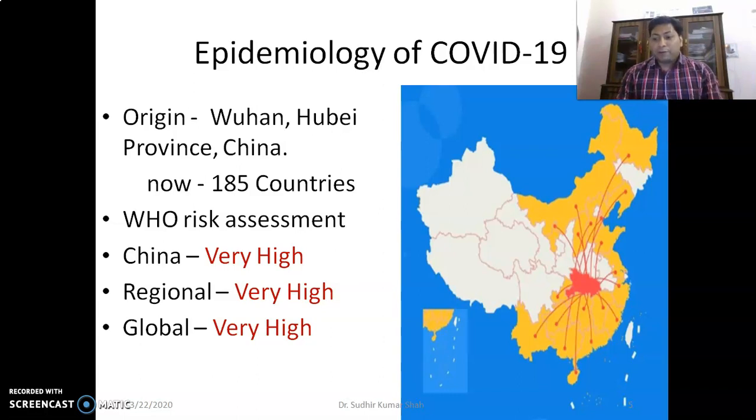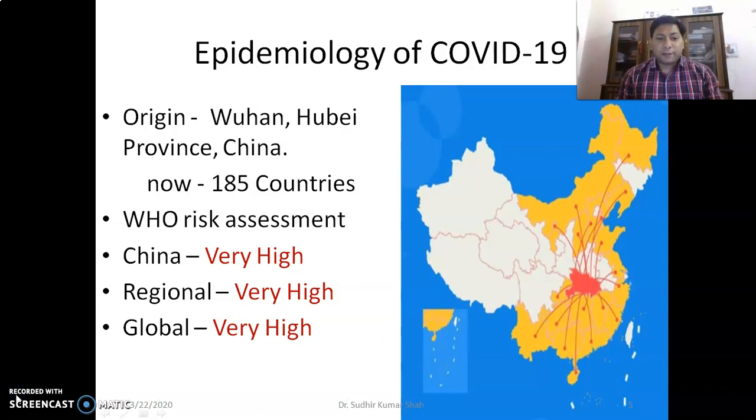If you look at the current status of COVID-19, as of 23 March 2020, around 185 countries have been infected with this coronavirus infection. Among all the countries besides China, Iran has been affected the most. Among the European countries, Spain and Italy have been affected largely. And slowly it is spreading across the world.